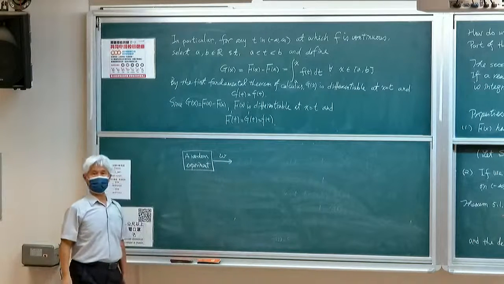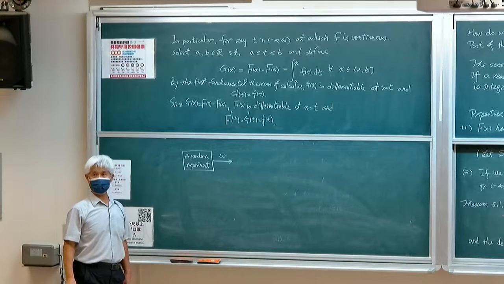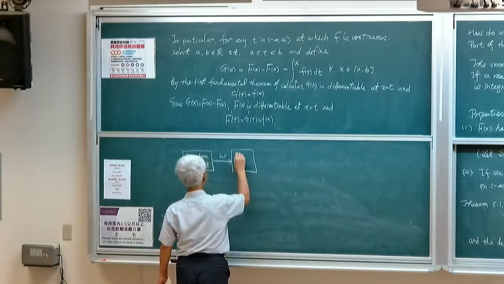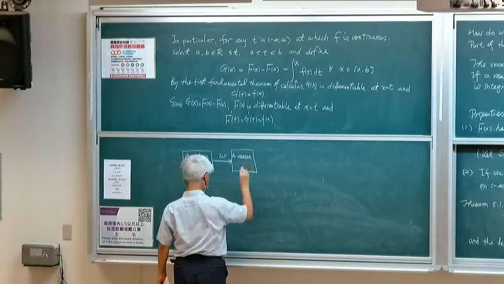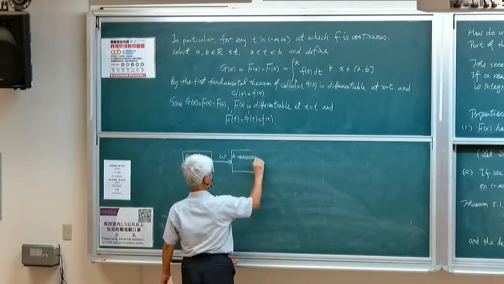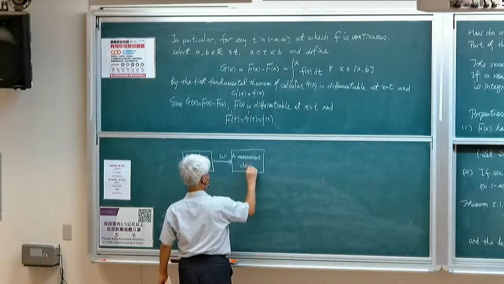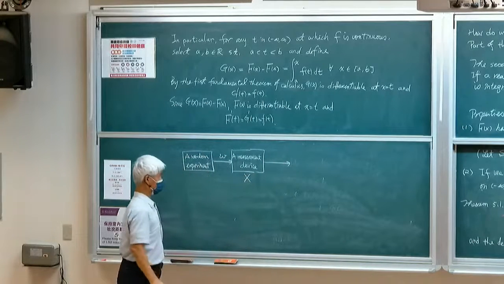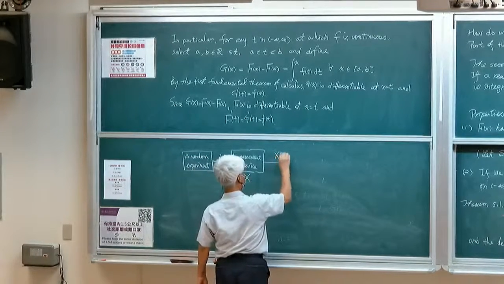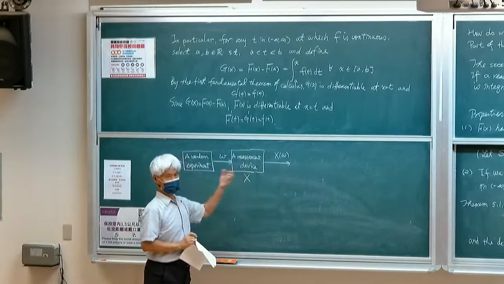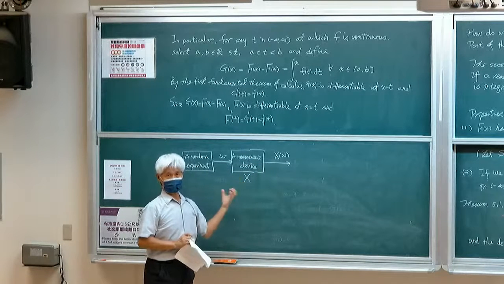Okay, so if we perform a random experiment, we have an outcome called omega, and then we have a measurement device called X. So we have a real value, the result of the measurement.